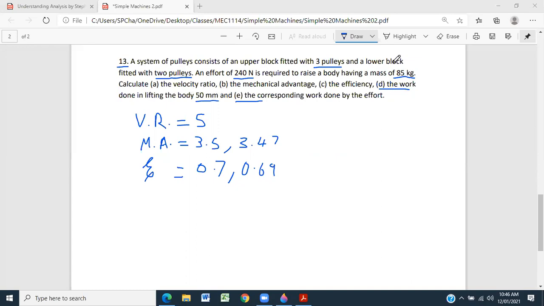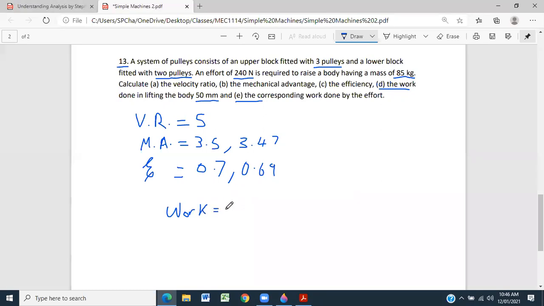So the body is 85 kilograms. Good. And we're moving that 50 millimeters. So it's just simply work, right? Work is equal to the force times the distance, or the weight of the body times the distance.